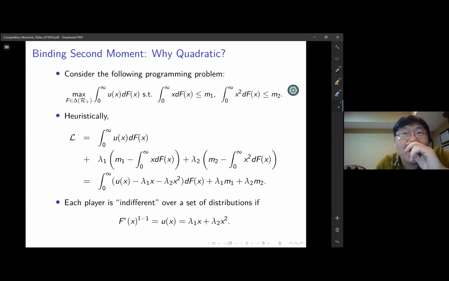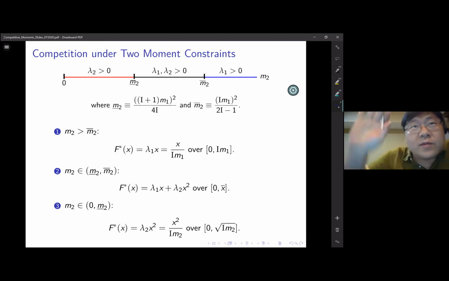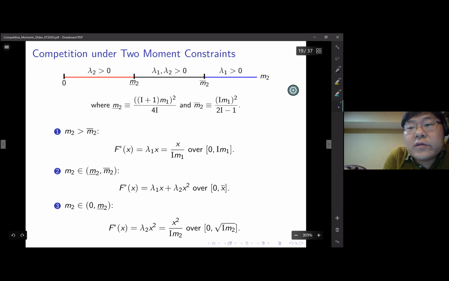Okay, so this is our result, and based on this, we can provide a full characterization. So let's fix M1, or you can normalize M1. Then there are 3 different cases, depending on M2. So if M2 is sufficiently large, in particular, M2 is above M2 upper bar, which is given by this, then only the first moment constraint is going to bind.